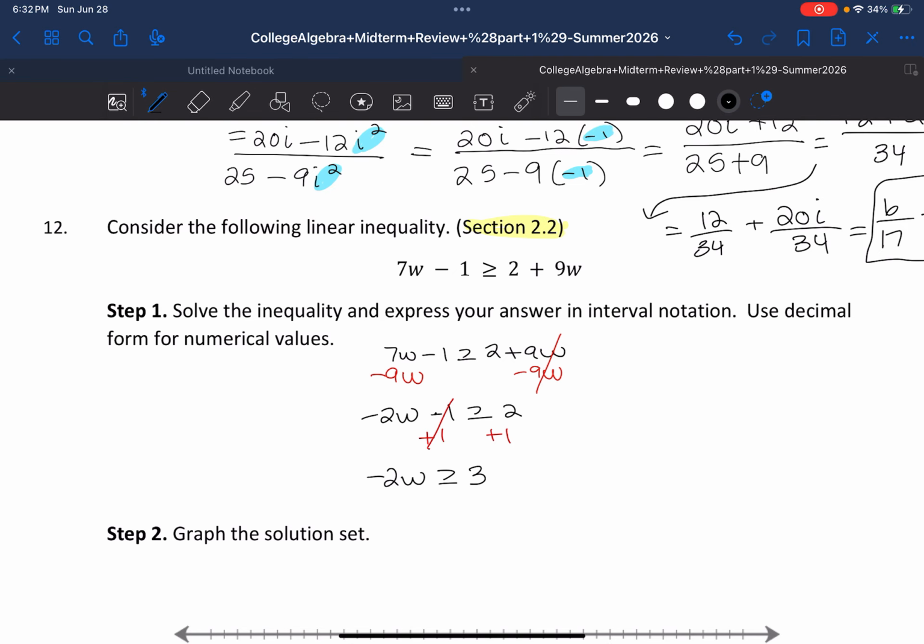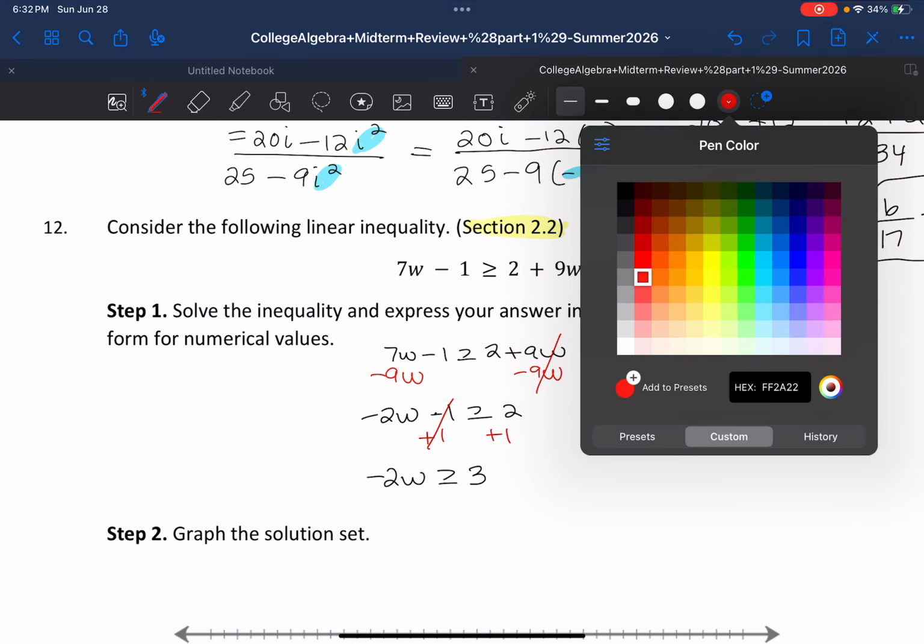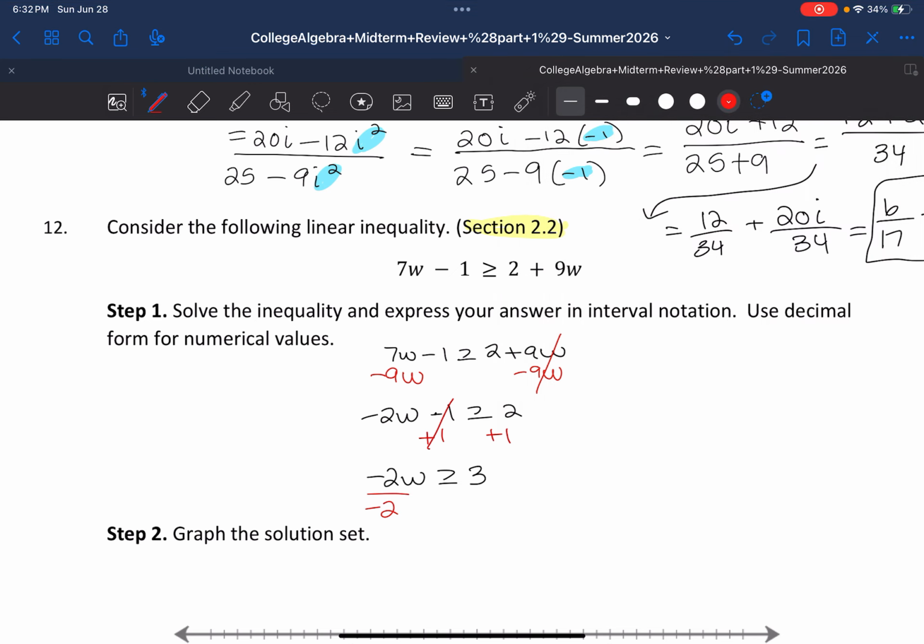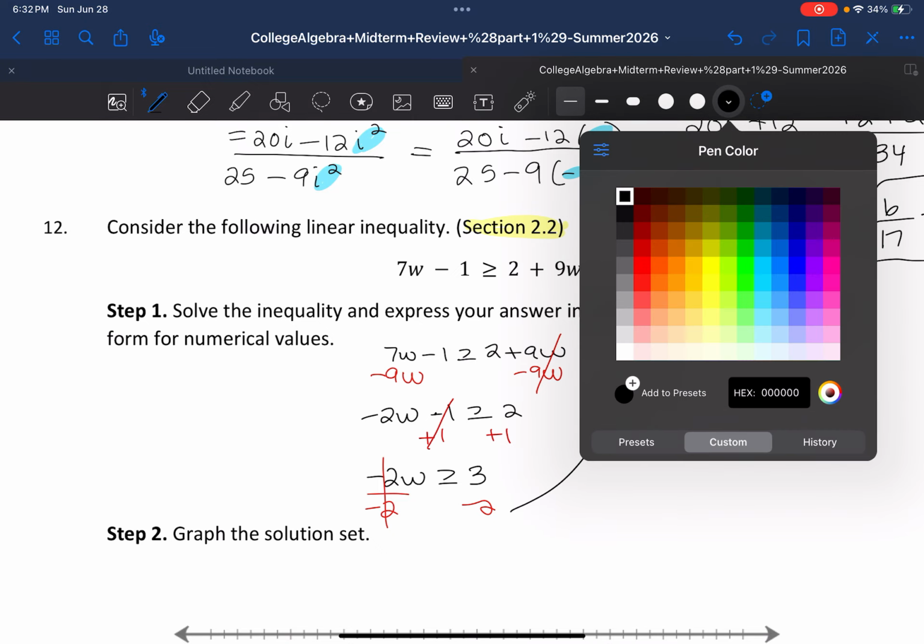And then finally, I have to divide both sides by that -2 to finish getting W by itself. And when you divide both sides of an inequality by a negative, you have to flip the sign.